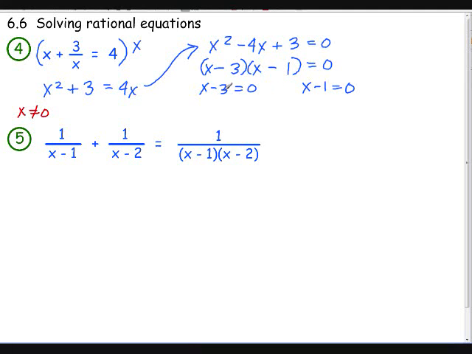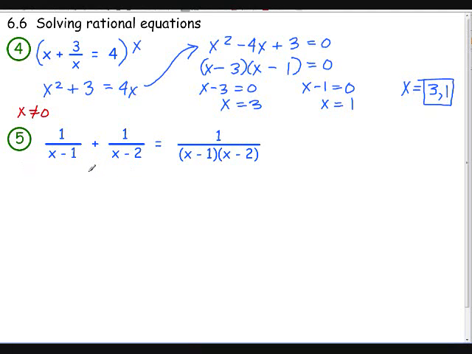So that's why we set up these mini equations. x can be 3, or x may be 1. Okay, so our answer, x can be either 3 or 1.